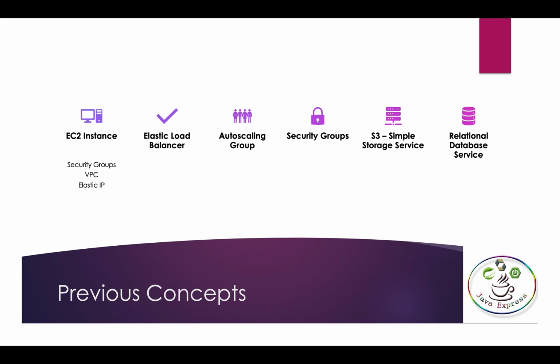Once we know the EC2 instance, after that we go for the elastic load balancer, right? You need a load balancer if you want to deploy your application. If you take Flipkart as an example, in the backend they can manage a lot of instances like EC2 instances, maybe 10 or 20, depending on the users.